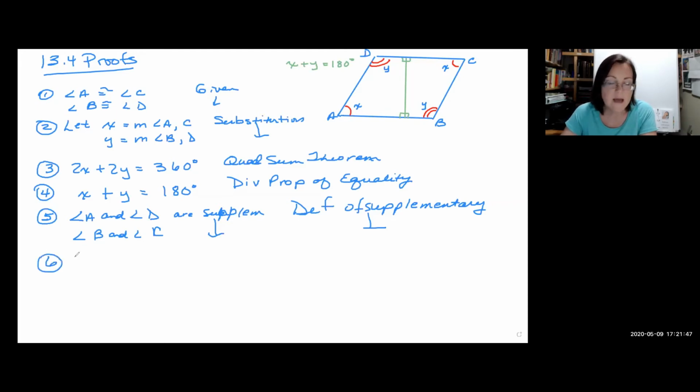We can now say that DC is parallel to AB, and AD is parallel to BC. And this is by the converse of the interior supplements theorem.